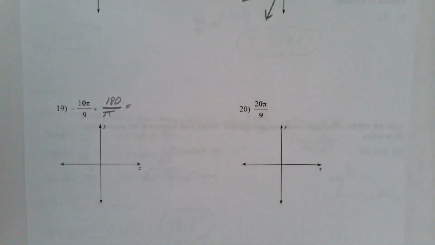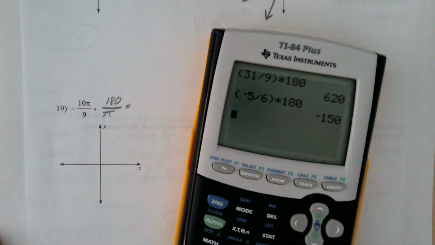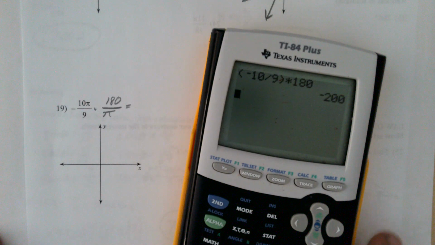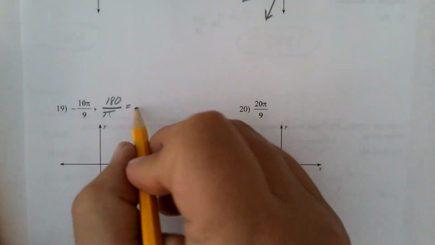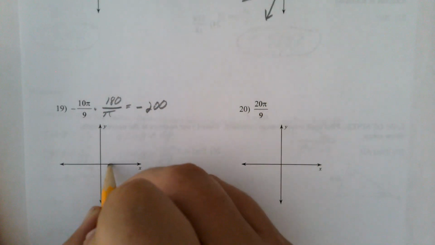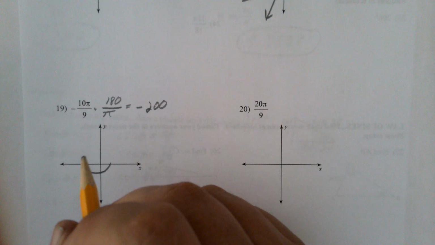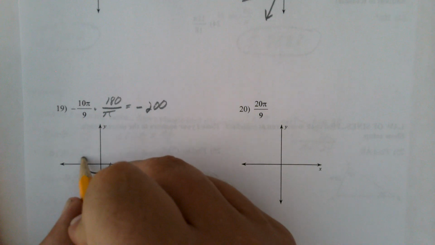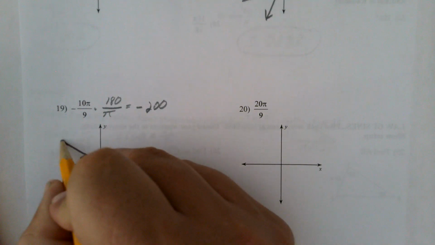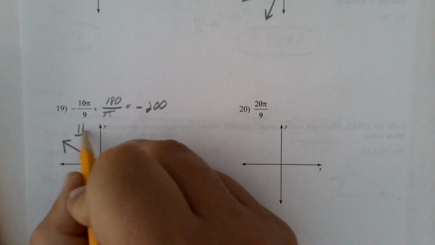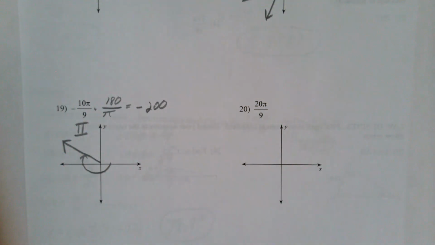We're just going to ask the calculator, take negative 10 divided by 9, multiply it by 180. And we're going to see it's negative 200. So that's more than a half turn. So there's a negative 180. And so once I do a negative 180, I have to go about 20 more degrees.